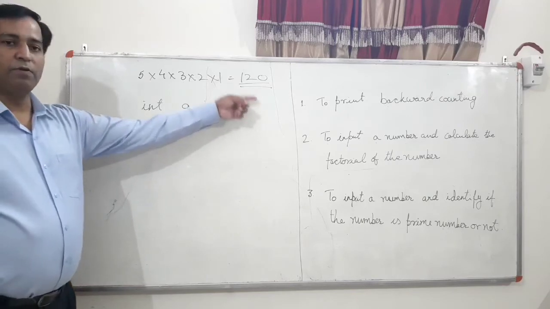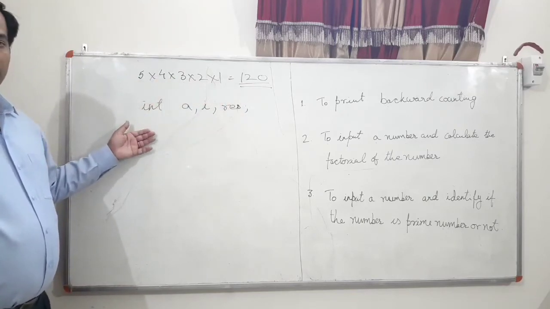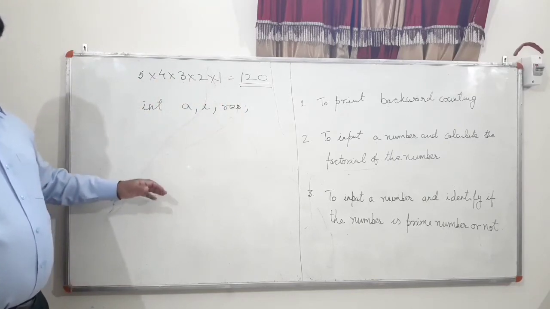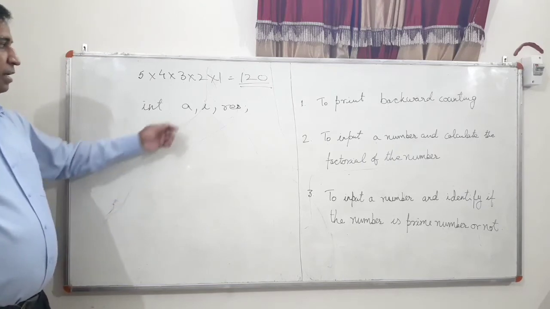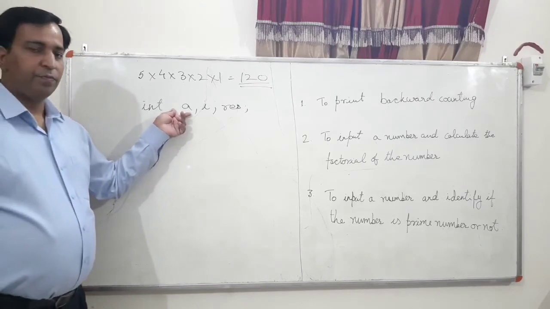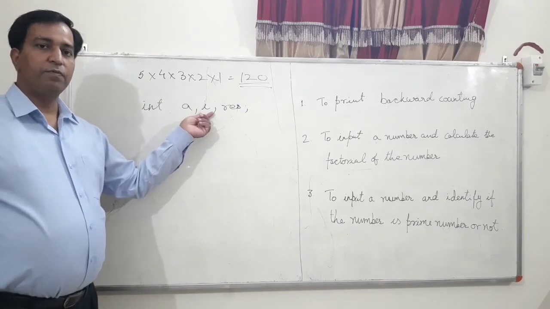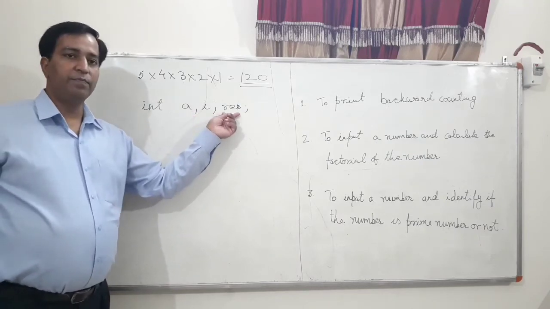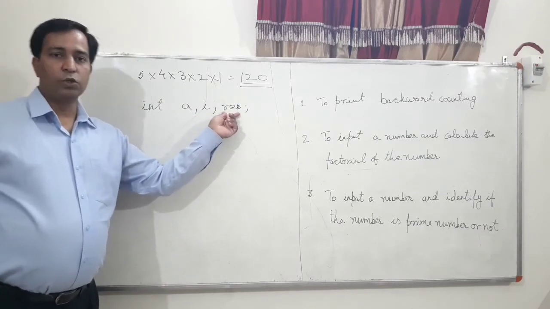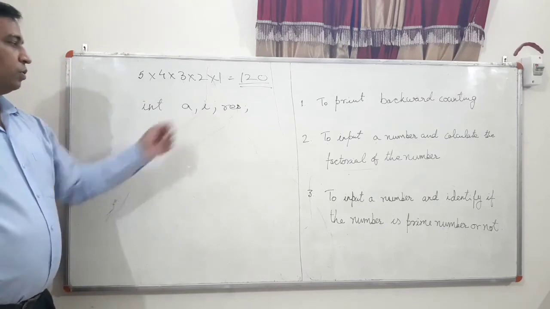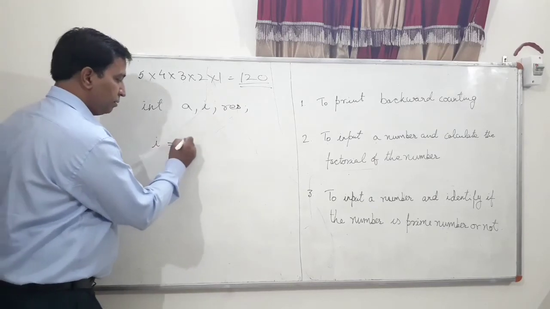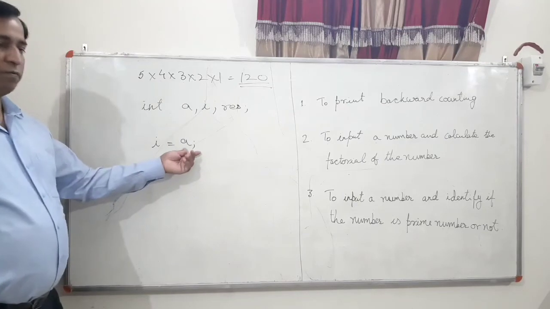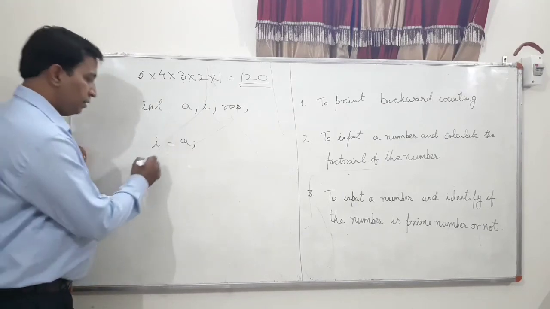So with the help of these three integers, we will make our program. Now how will the program be made? A is going to be scanned, I we have for the counter, and the variable result will store the result, right? So I will be initialized with the value of A, right?